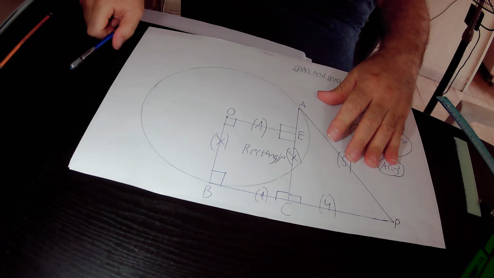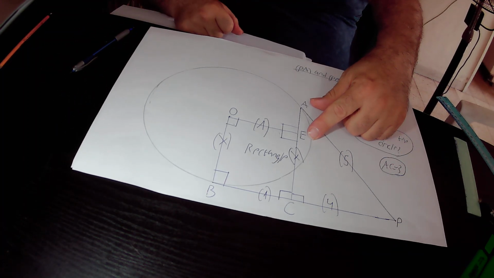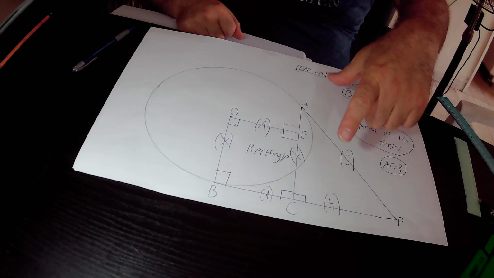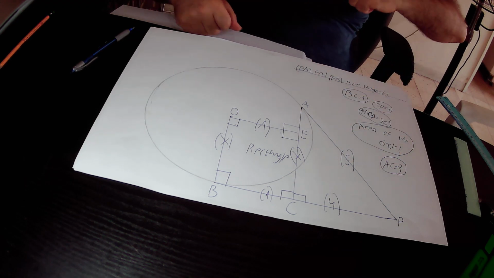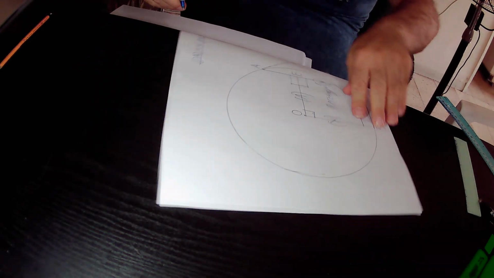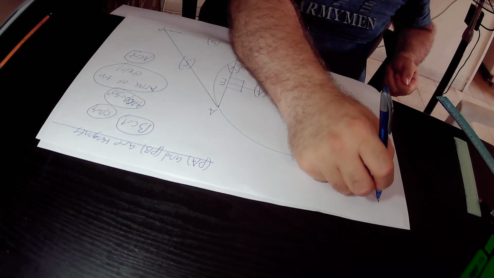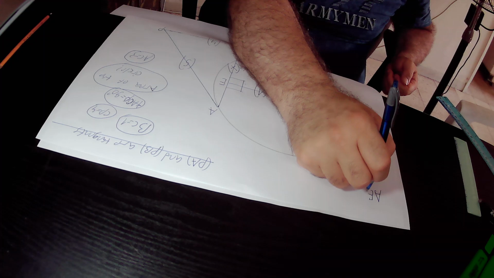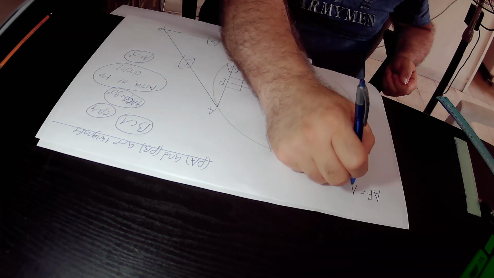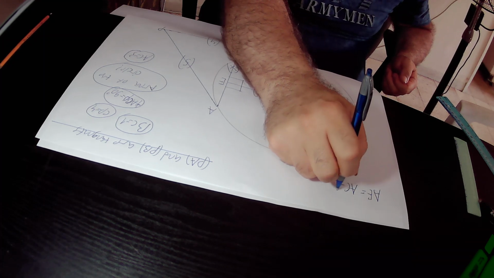What is the length of the missing line segment AE? From the drawing it is very easy to see that AE in total equals AC minus EC. Again, AC minus EC equals AE. So write it down. AE equals AC minus EC.